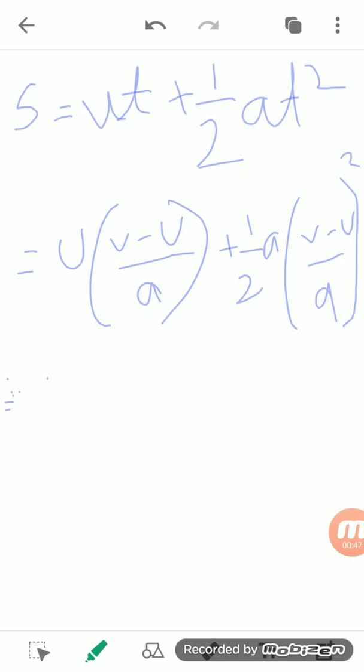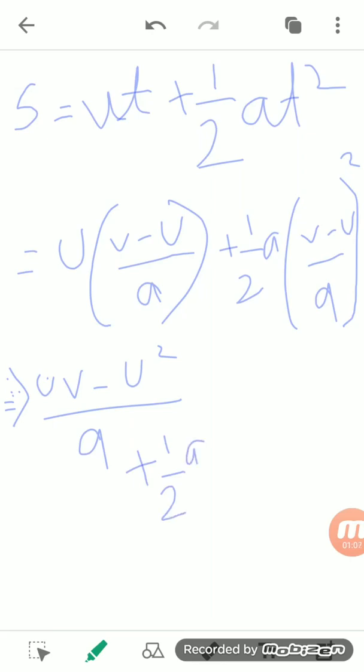See here, u into v will be uv, minus u into u, that is u square upon a. Okay, plus I'm writing here half, we will leave a here, simply a.